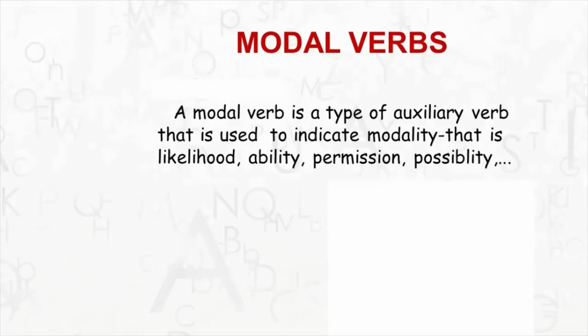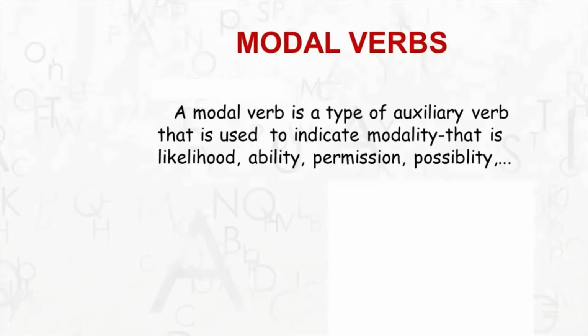A modal verb is a type of auxiliary verb that is used to indicate modality. Now what is modality? Modality means the various conditions like likelihood, ability, permission, possibility. There are so many other modalities.